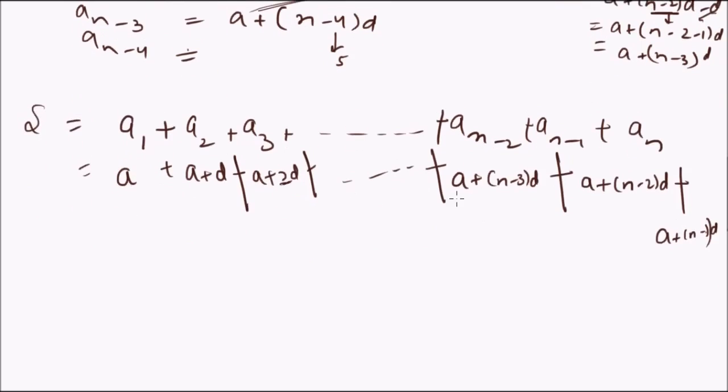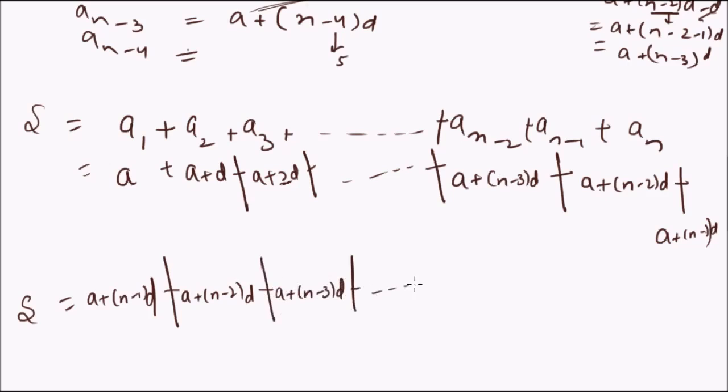If we write all these terms in reverse order, we will get S as this term written over here as A plus N minus 1D, and this term at the second place as A plus N minus 2D, and this term as A plus N minus 3D, plus here we can write A plus 2D, here A plus D, and here A. That is, we have reversed the order of the terms. We have written AN first, then AN minus 1, and so on.